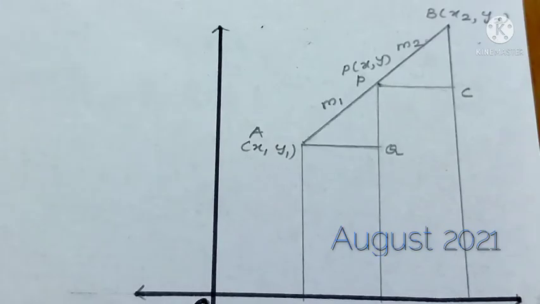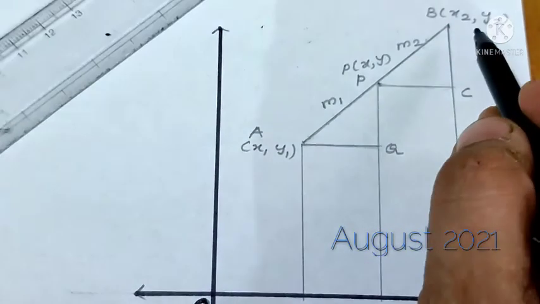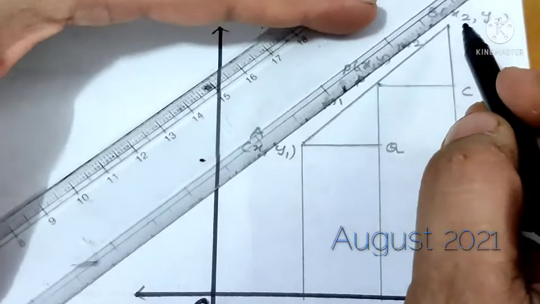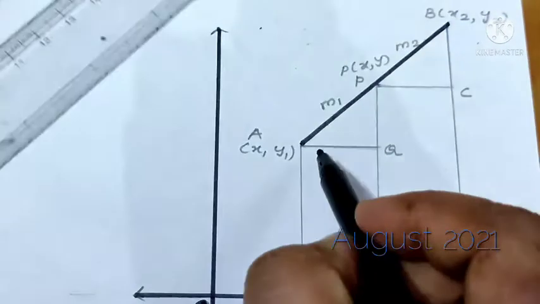So what is given in the question, that is a section formula, means a line AB is given. A and B are the two points (x1, y1) and (x2, y2).